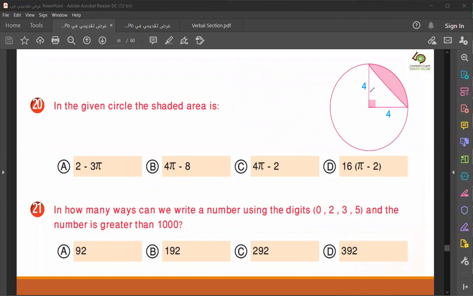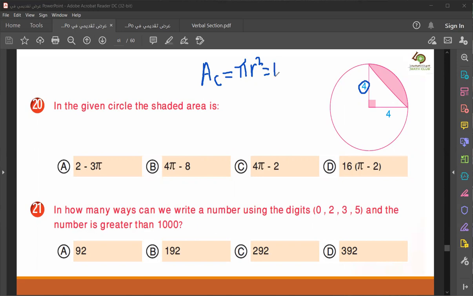Okay, the radius, I have radius here. This radius is 4. The first step, find the area of the circle. What is the area of the circle? It is pi r square. You know? Now pi r square, r equals 4.